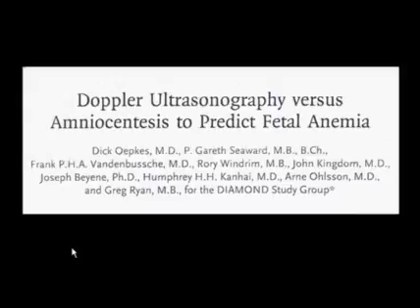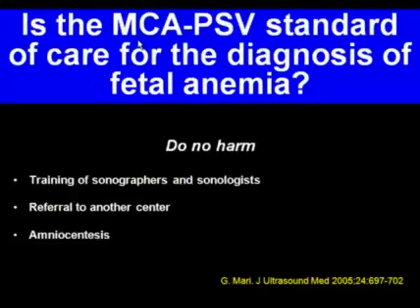This study compared Doppler of the middle cerebral artery peak systolic velocity versus amniocentesis to predict fetal anemia. And the study showed that the Doppler of the middle cerebral artery peak systolic velocity performed better in terms of sensitivity, specificity, positive and negative predictive value when compared to the amniocentesis. And this, I think, was really a great study.